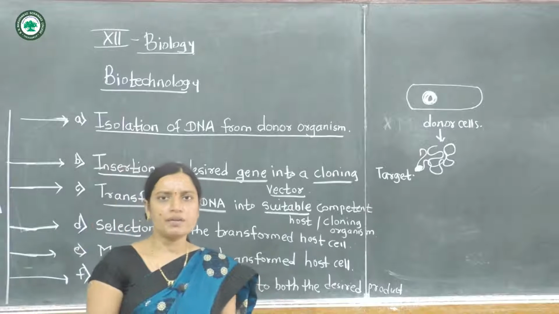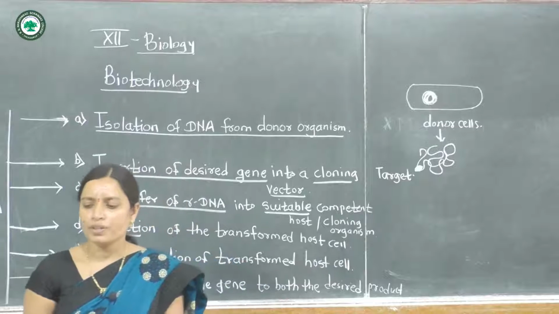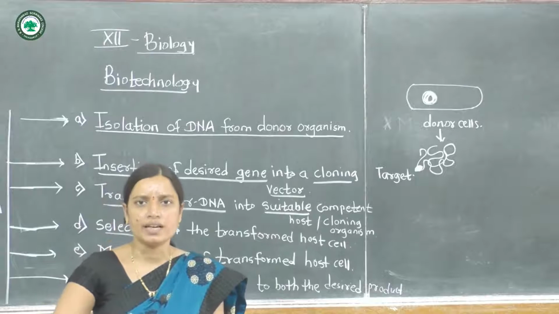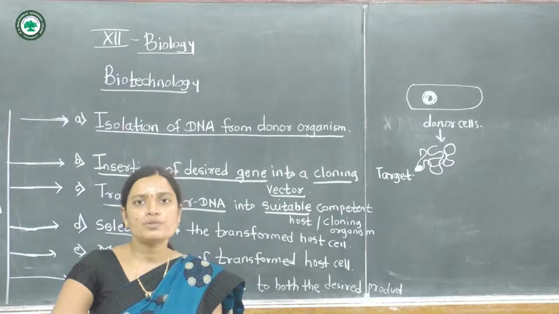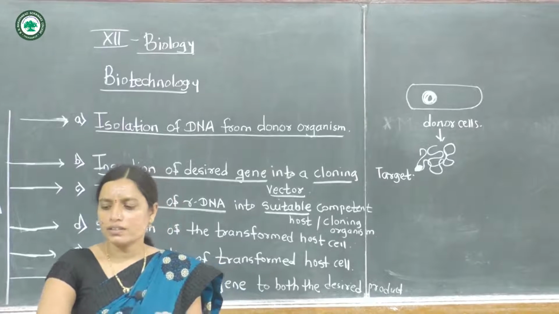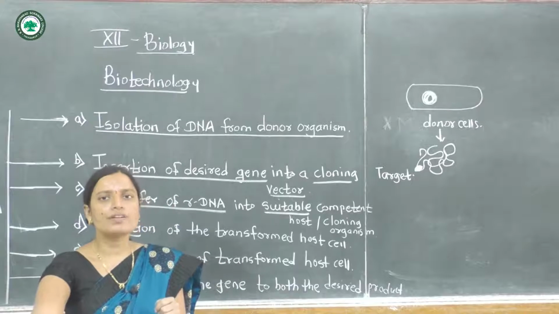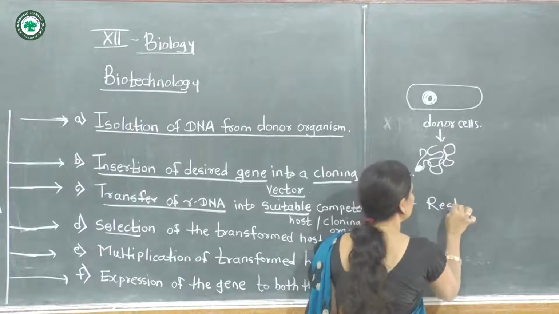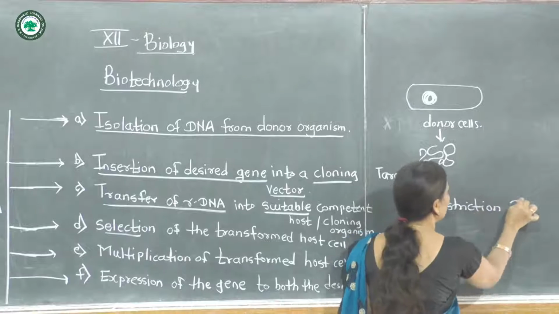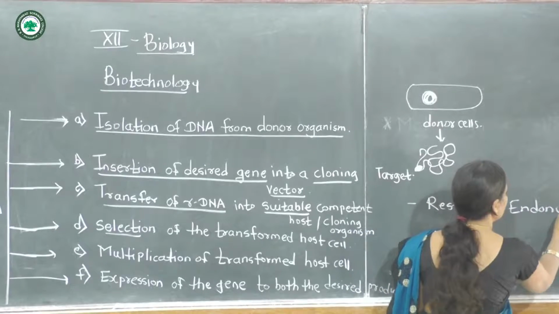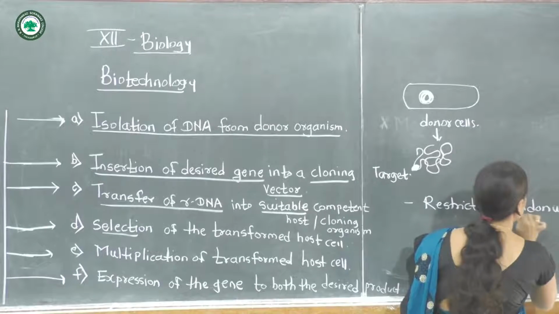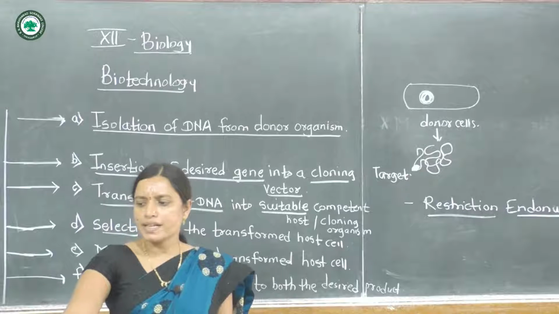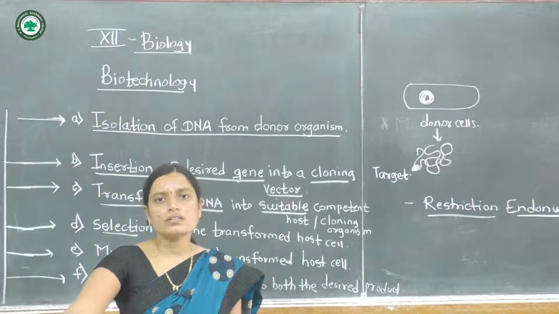The DNA can be purified using cleavage with restriction enzymes, which are also utilized for the isolation of the target DNA, particularly the restriction endonuclease. This restriction endonuclease enzyme is very important for making the specific cut.